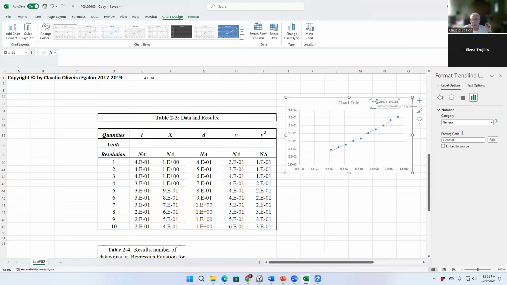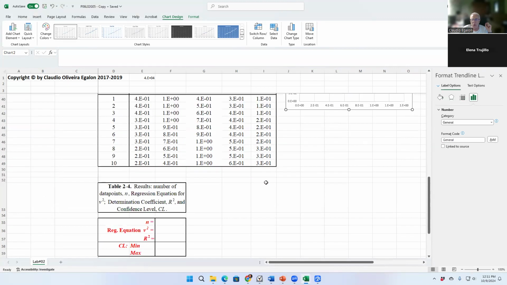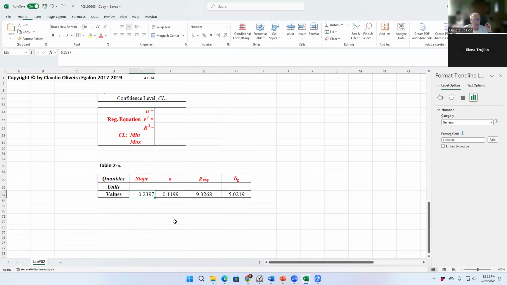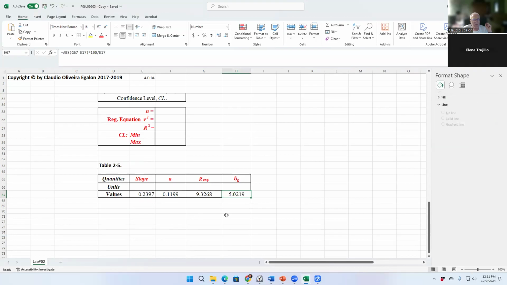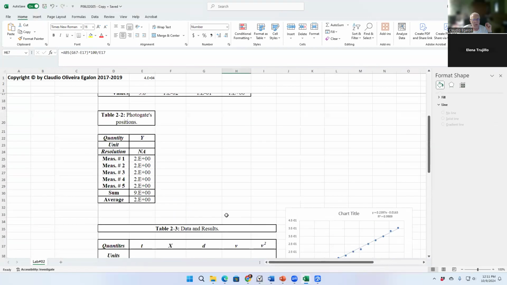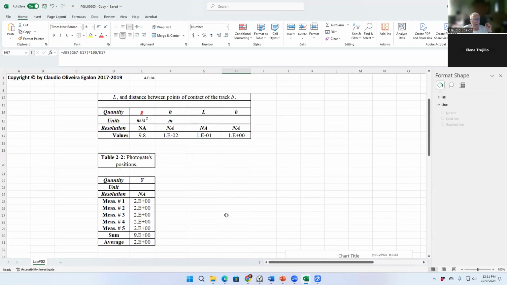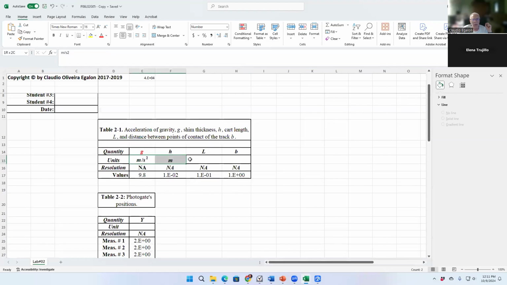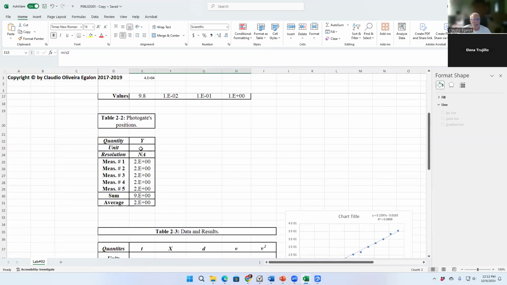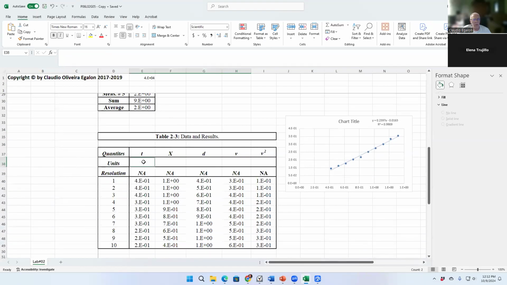Then you log this slope in the last table, right? You get the delta percentage difference. You fill up all the units like it is here, right?